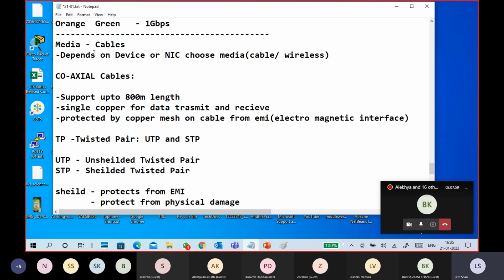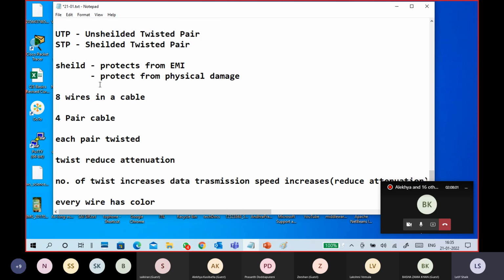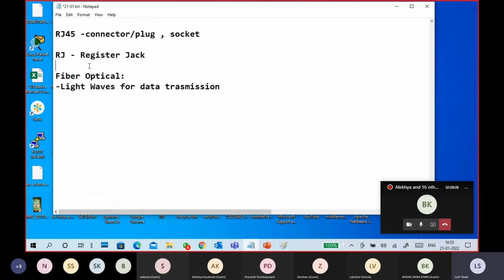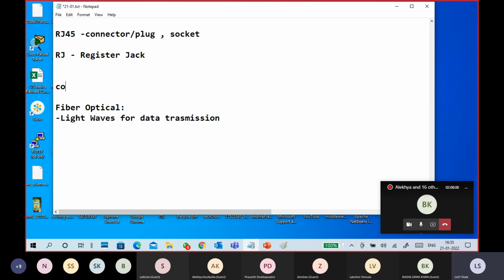Coaxial cable and twisted pair cables are copper cables. Remember, guys, coaxial cable and UTP, STP cables are copper cables, and we use electrical signals for data transmission.